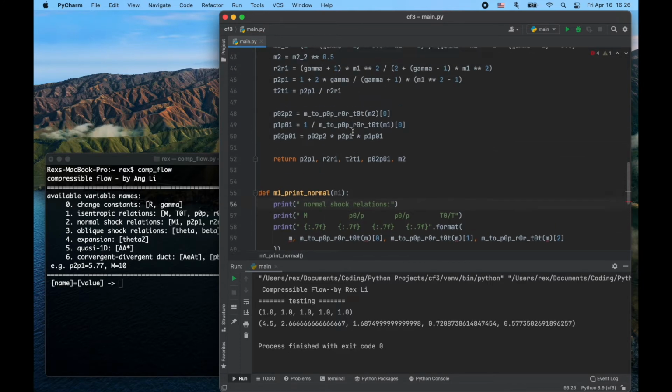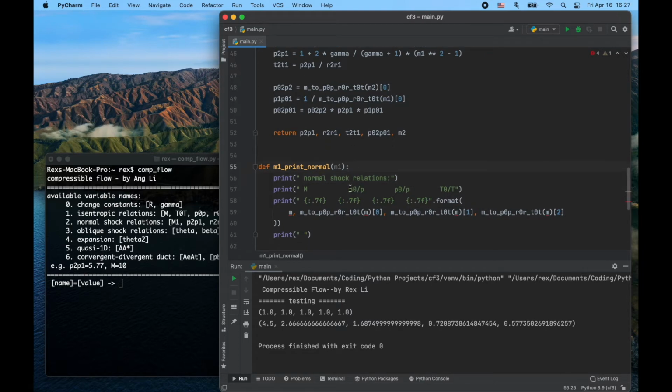And here we have other values like P2/P1, rho2/rho1, T2/T1, PO2/P1, and Mach number 2.